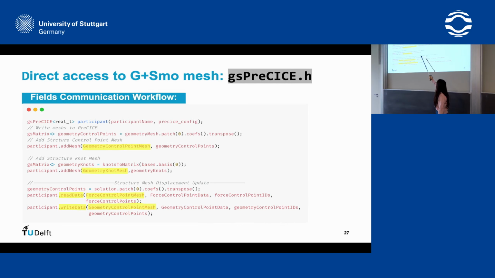Just to be sure, you add both the control point mesh and the node vector mesh. And for the information exchange, you get the force mesh back from the fluid solver.